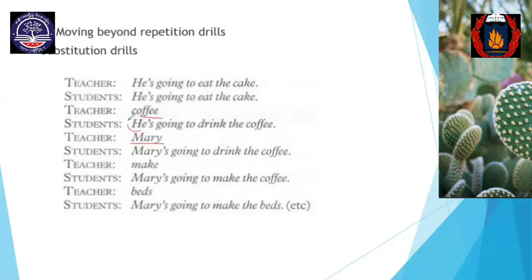So instead of he, the student needs to change the name. Mary's going to drink the coffee. And the teacher says make. Mary's going to make the coffee. And bags. Mary's going to make the bags. These are all ways we can do substitution training.